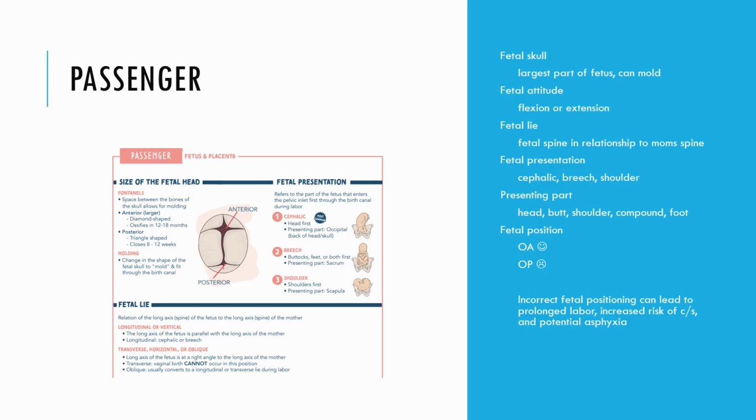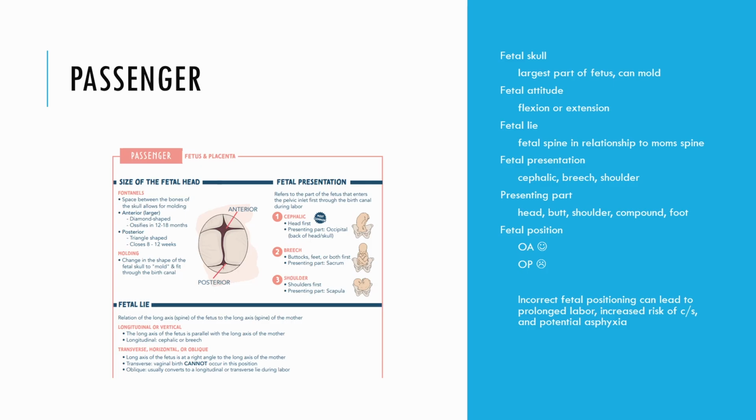And again, I'll show you this in class. It's easier to show it than explain. So when you think about OA, occiput anterior, the back of baby's head is to the front of mom's body. So when baby comes out in the OA position, its face is going to be looking down, at mom's butt.